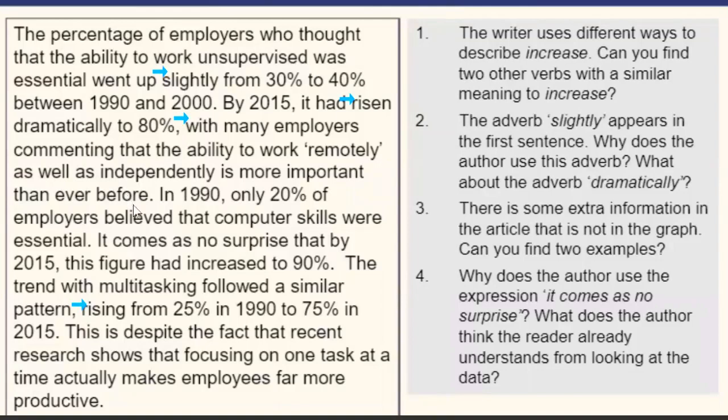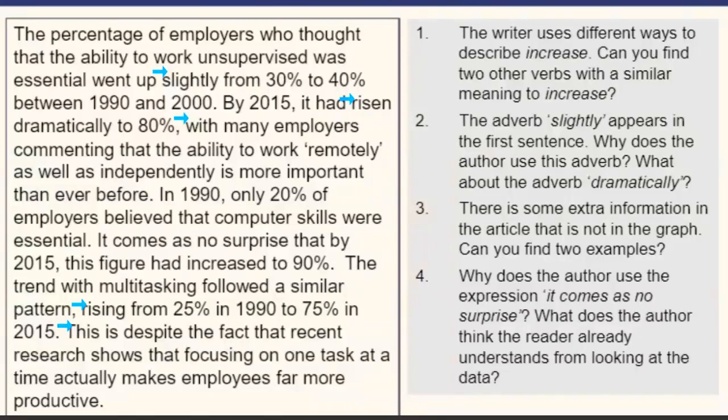And also here: this is despite the fact that recent research shows that focusing on one task at a time actually makes employees far more productive. Okay, so this one is also an addition.